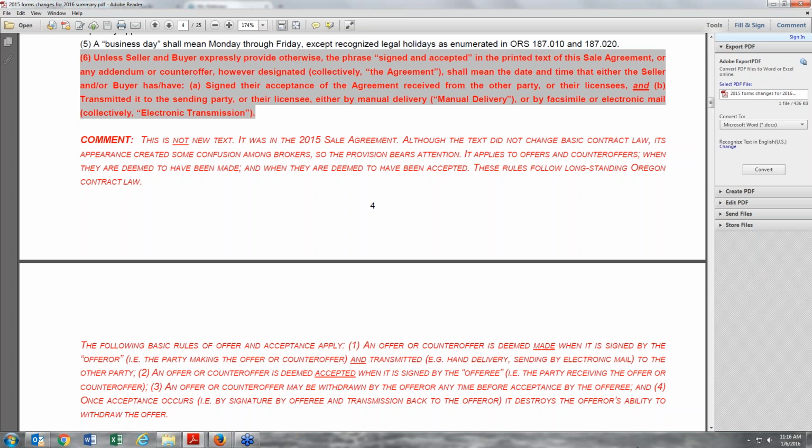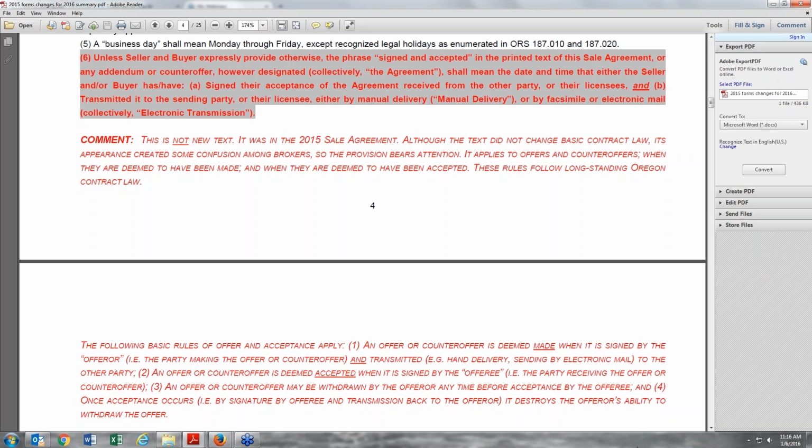And it says, unless seller and buyer expressly provide otherwise, the phrase signed and accepted in the printed text of the sale agreement or any addendum or counteroffer shall mean the date and time that either the seller and or buyer has signed their acceptance of the agreement received from the other party or their licensee, and they've transmitted it to the sending party or their licensee, either manually or electronically.